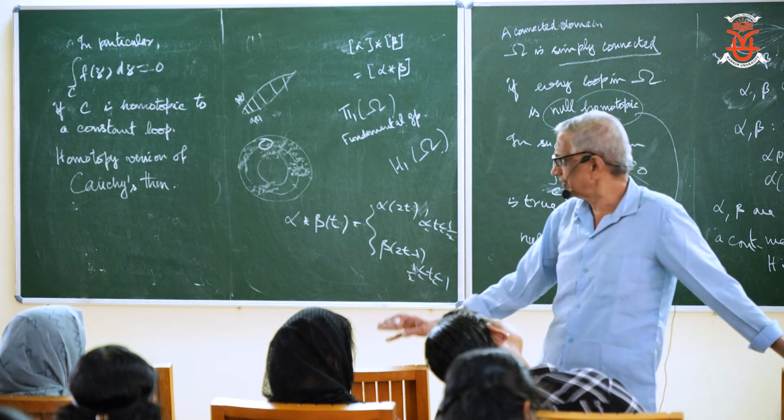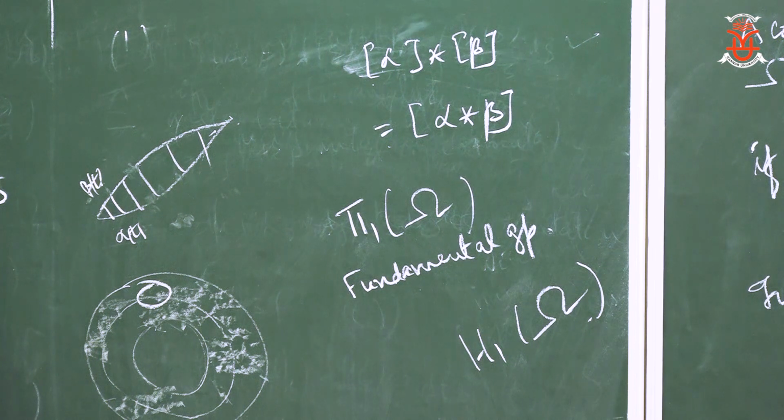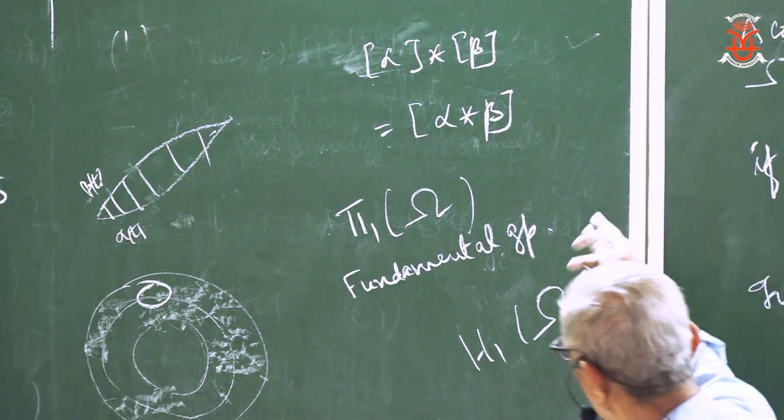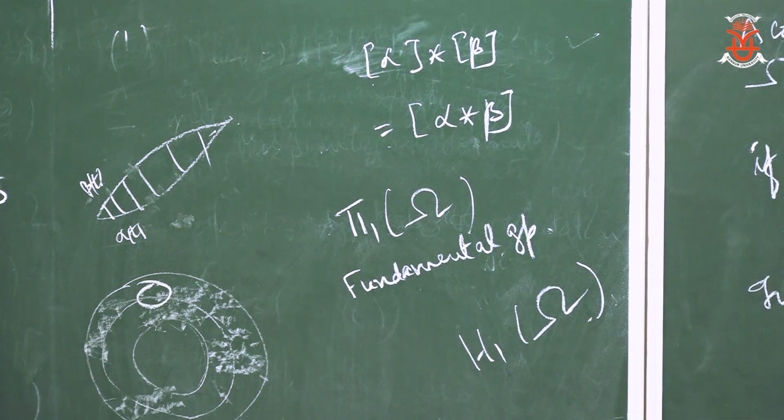The essential difference is that the fundamental groups are in general non-abelian. The homology groups are always abelian. And H1 is got from pi 1 by what you call abelianization.